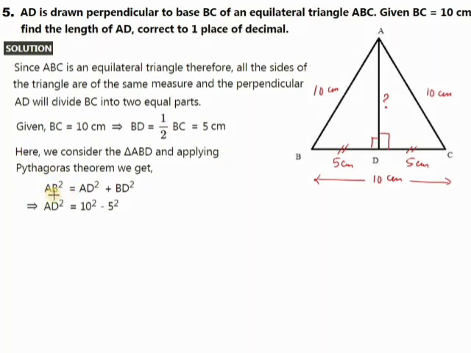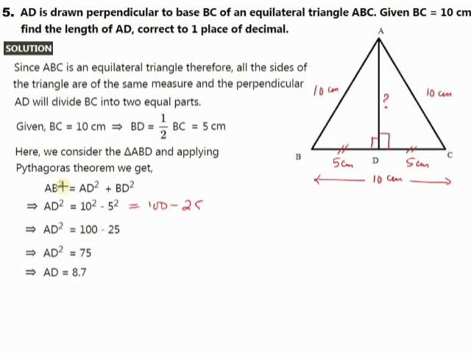AB is given to be 10, so it becomes 10 square, and BD is given to be 5, so this becomes 5 square. Bring it out here, you get 10 square minus 5 square. When you simplify this, you get 100 minus 25, which is 75. So AD square is 75.